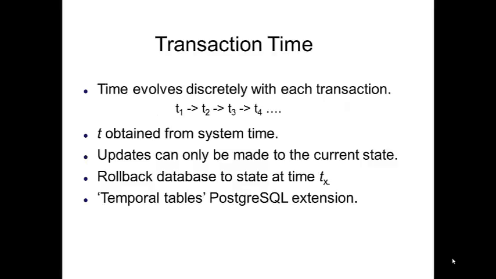So in the database, transaction time is simply recorded as a set of discrete events with a system timestamp associated. So every time something changes in the database, a time is obtained from the system time and stamped or linked to information on that change.